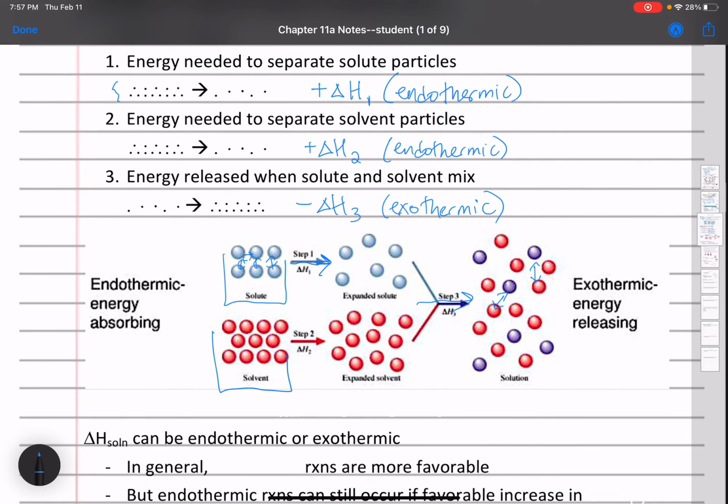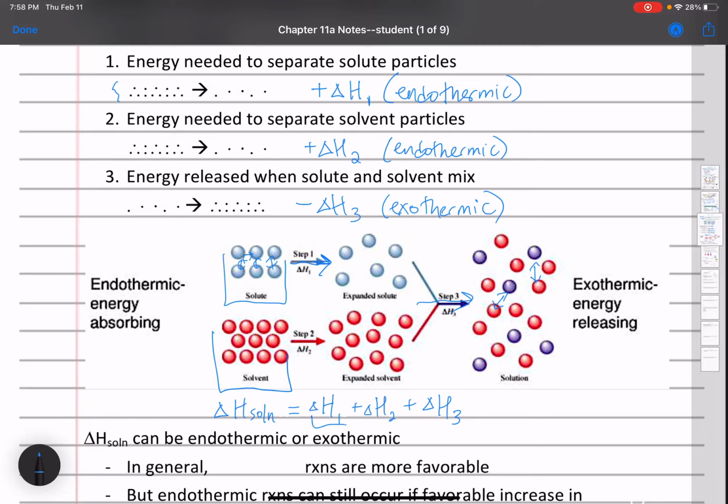So we can calculate the heat of this physical process. We talked about the heat of vaporization in the last chapter. So the heat of solution or solvation is going to be the enthalpy of each of these 3 steps added together. The heat of solution, the enthalpy of forming a solution, can be endothermic or it can be exothermic.